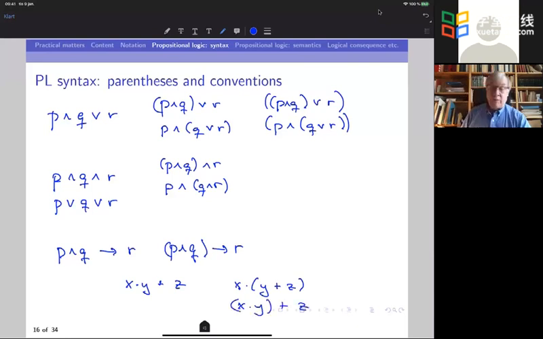So it's the same thing here, that multiplication binds stronger than addition. And we have a similar situation in logic, in propositional logic. Okay, that was just some conventions.